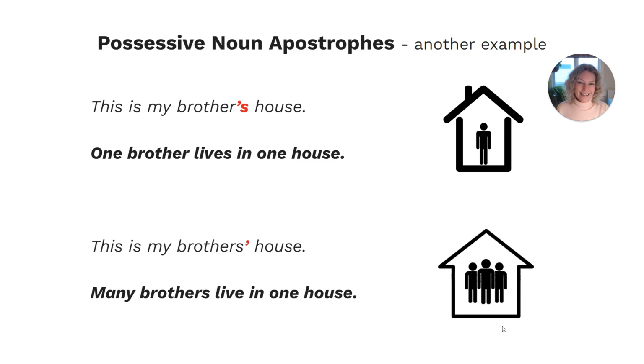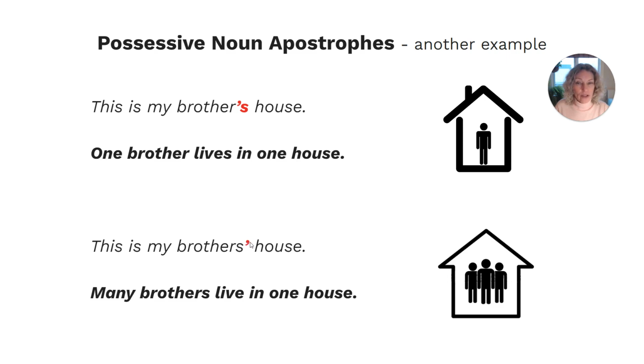So here's an example with pictures. The top sentence is an example of a singular possessive noun. This is my brother's house. And you'll see we have brother and then apostrophe S. So that means one brother lives in one house.